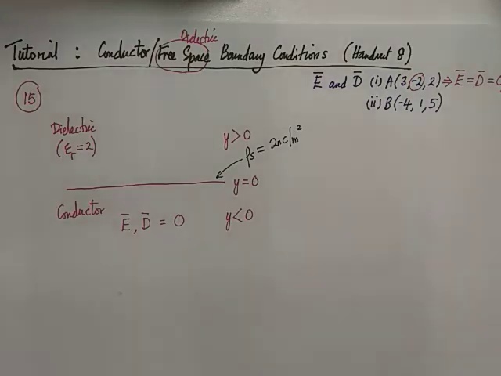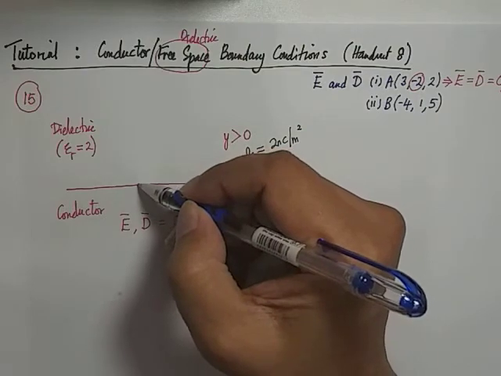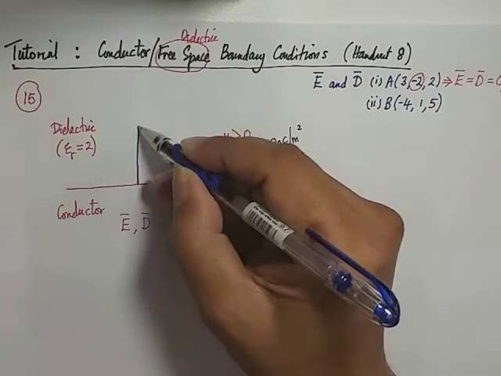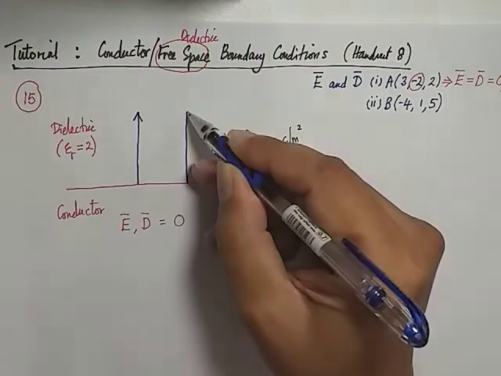So let's remember what should be the pattern of the field at the boundary. Good, some of you are able to answer it. The field must be normal to the boundary. So now I'm going to draw a field normal. So that should be my field. So normal to the boundary.